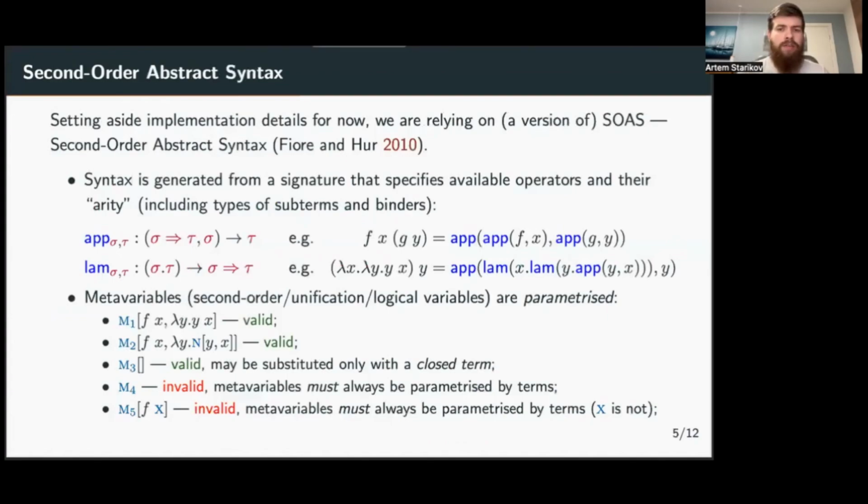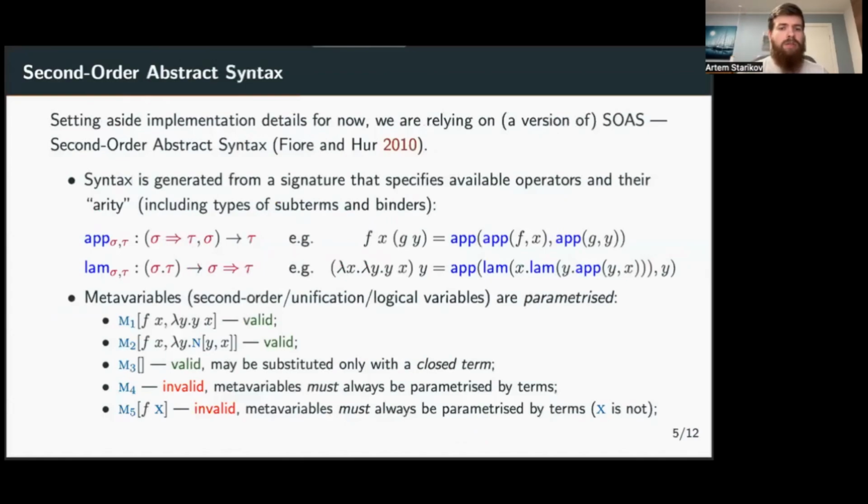In this case, however, the signature also accounts for the binders. Each subterm of a syntactic construction is allowed to bind 0 or more variables. For example, function application takes 2 subterms, both without binders. At the same time, lambda abstraction takes 1 subterm, but with a single variable binder.